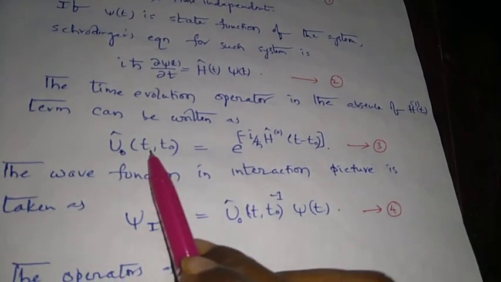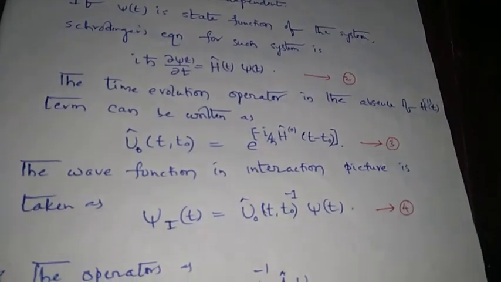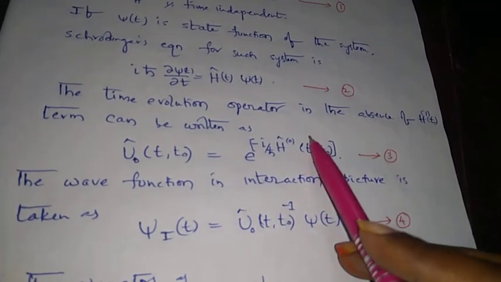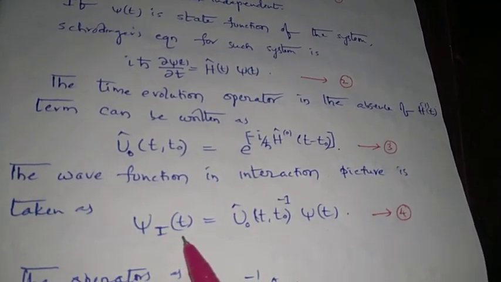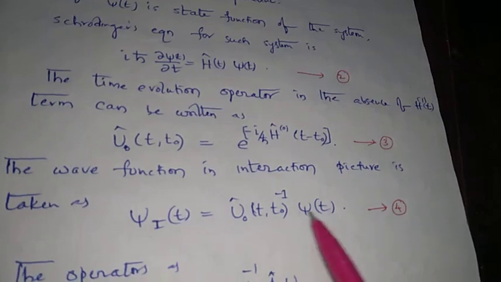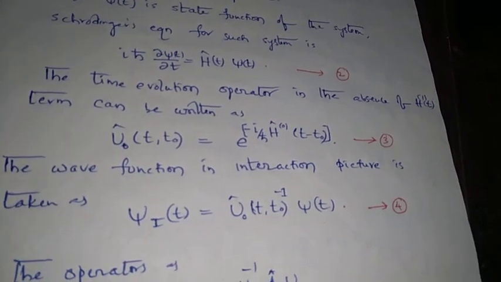Remember, we had this U with this exponential thing, which we are calling equation number 3, and psi sub I as this one, which we're calling equation number 4.